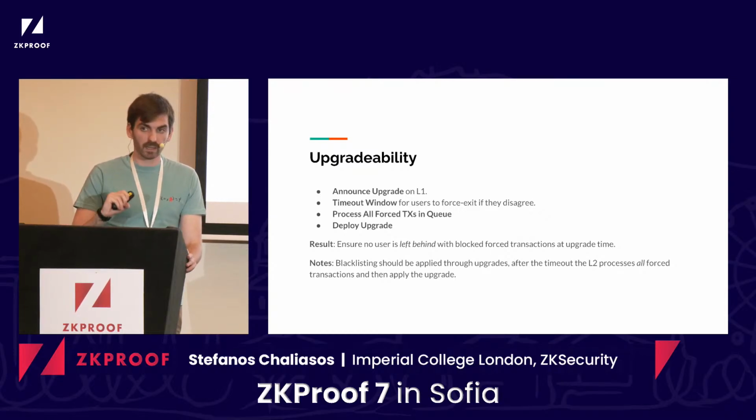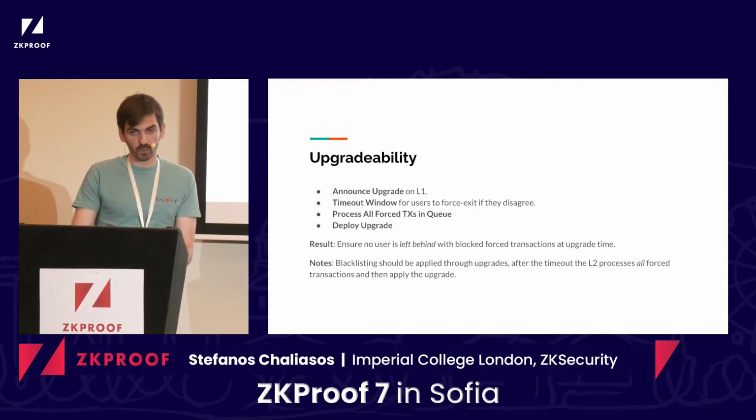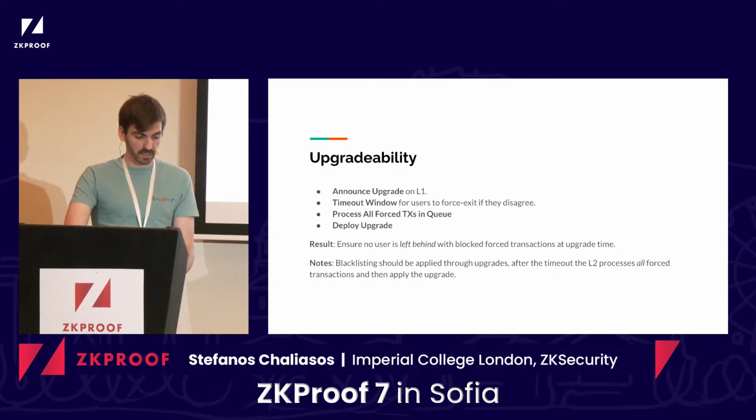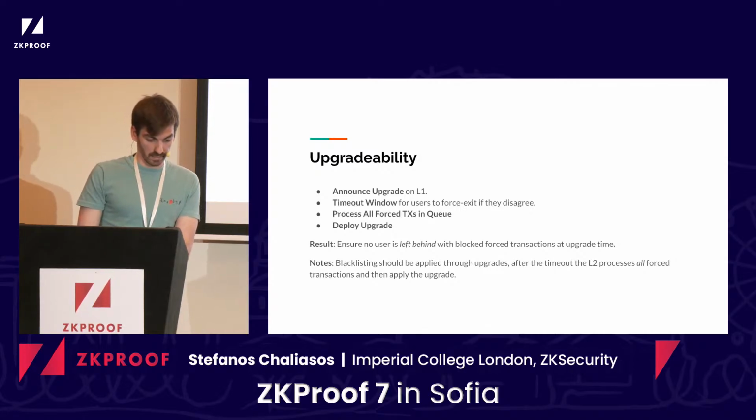And then what is important is before you deploy the upgrade, you should process all first transactions in the queue. And the result of that is that we ensure that no user is actually left behind with blocked first transactions at upgrade time.